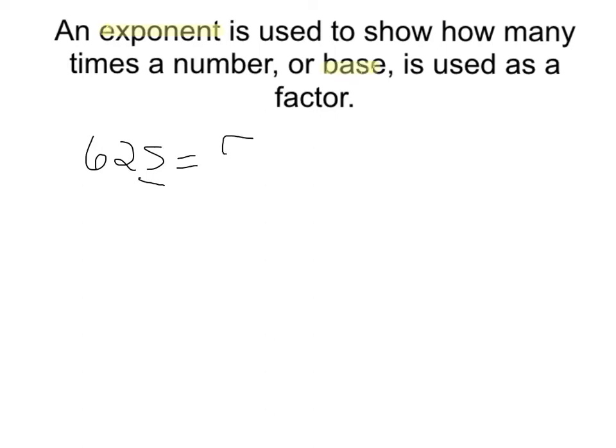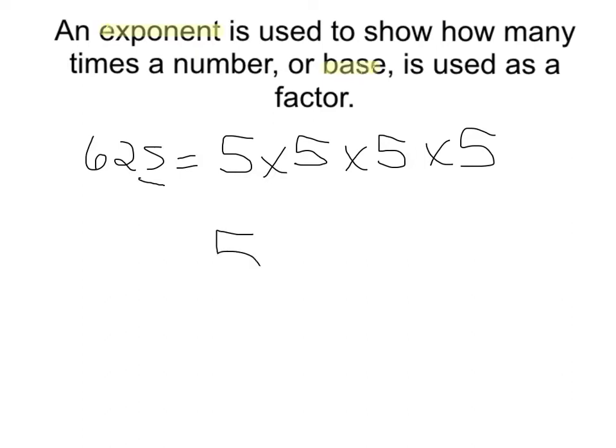So 5 times 5 times 5 times 5 is 625. In this, our base number is going to be 5. That's the number that the exponent is attached to, kind of like the coefficient to our variable in the previous chapter. This is going to be the base for our exponent.